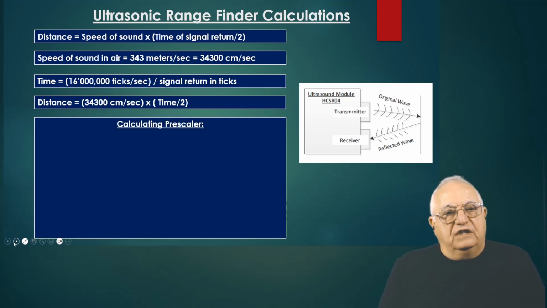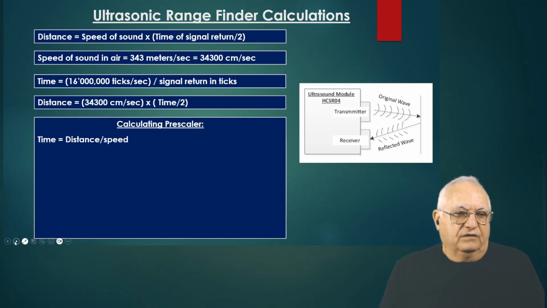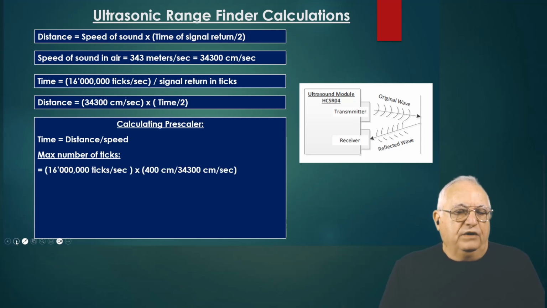Now, if we use the timer, we need to figure out scalars. Okay, so time is distance divided by the speed. Now, we know the maximum distance, so I want to figure out if I need to use a scalar, whether my numbers are going to fit in the 16-bit register. So let's figure out how big the time can be.